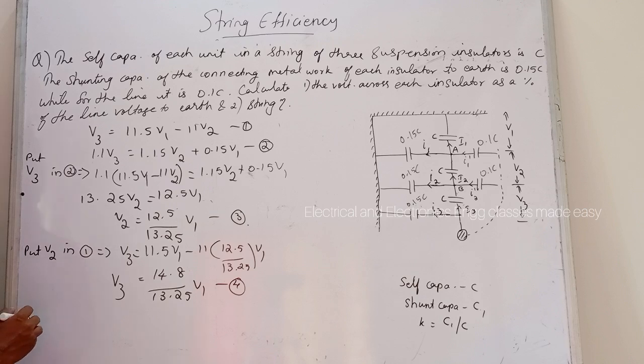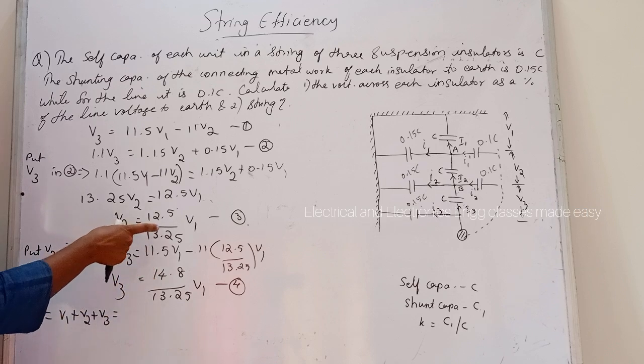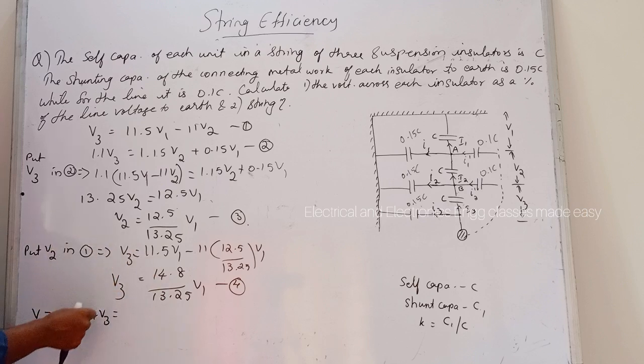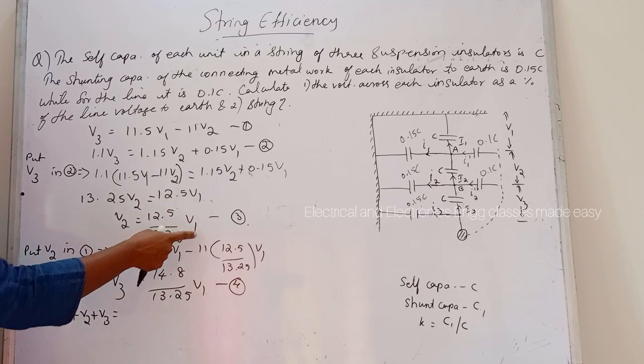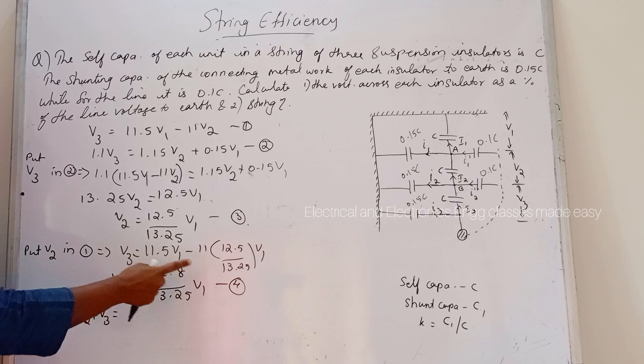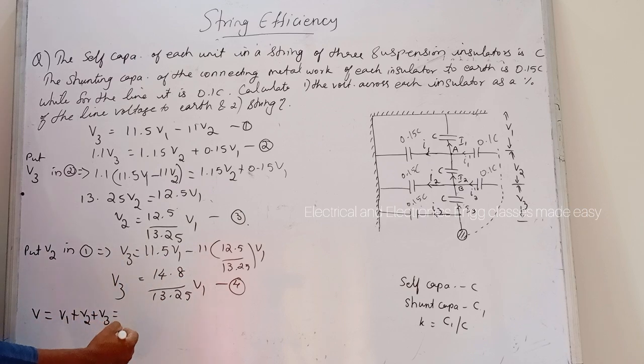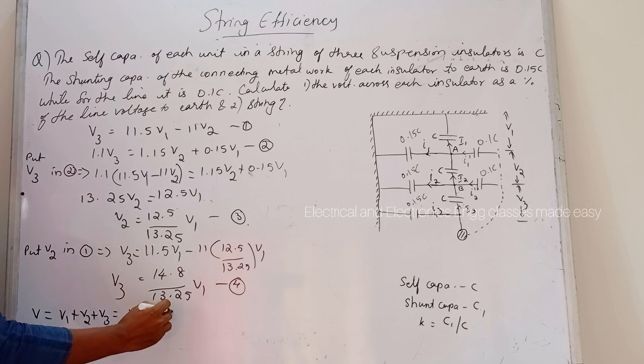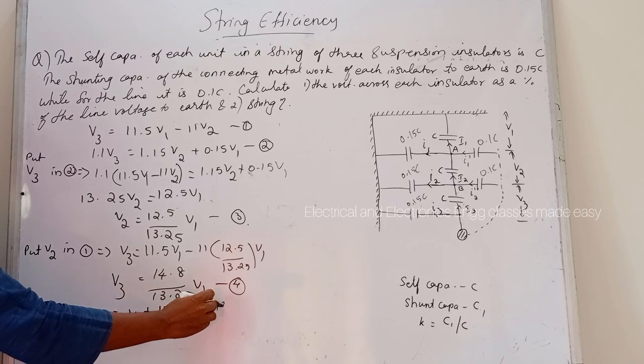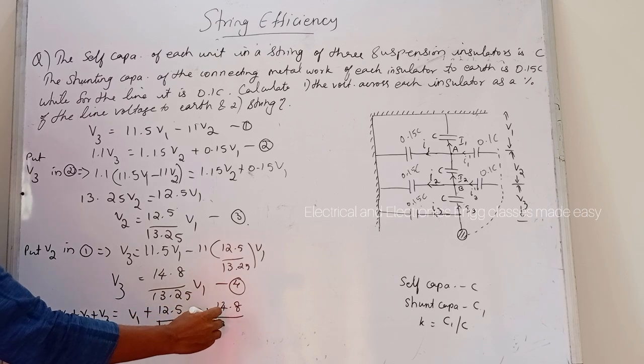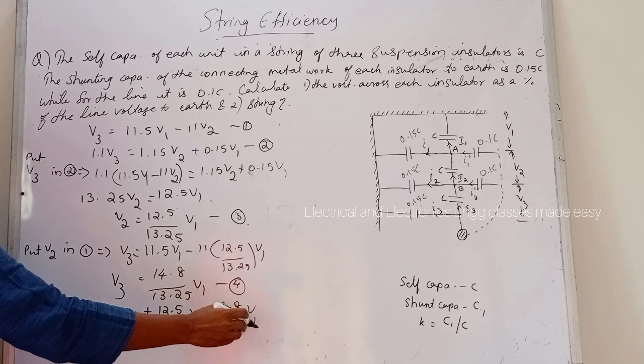So total voltage V is equal to V1 plus V2 plus V3, and here adding these equations, that is V1 plus equation number 3, then equation number 4, we will get V1 plus 12.5 divided by 13.25 V1 plus 14.8 divided by 13.25 V1.